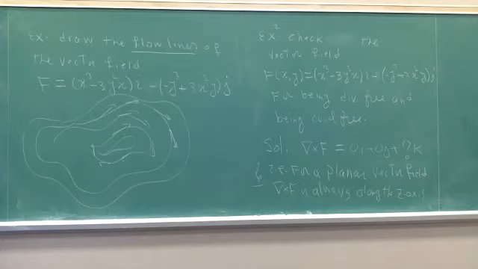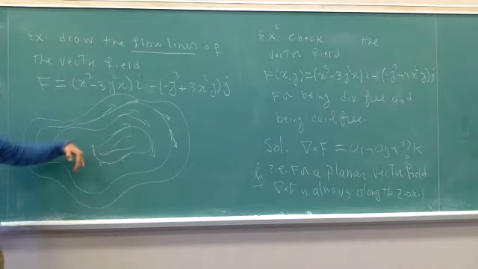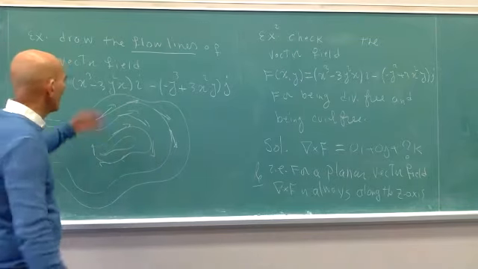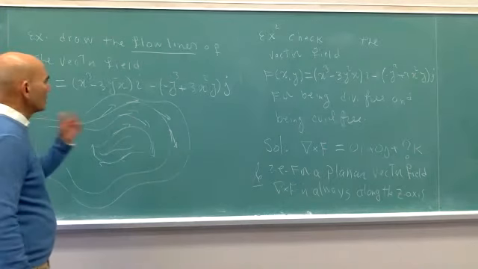It's tangent to the level curve, right? So if you can find some system of curves that are level curves of a function of two variables, then we are okay. Then we have found it. So the question is, is there a function such that these curves are going to be level curves of that function? Is such a thing possible at all? Are they going to be level curves for this?